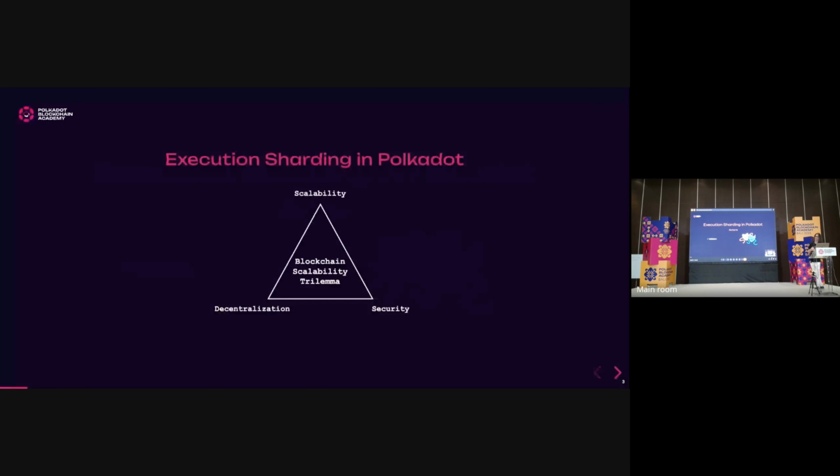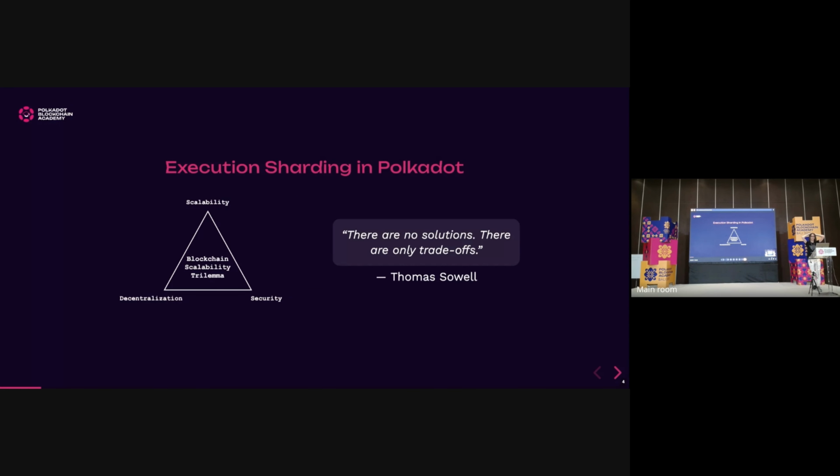First, let's outline why we even need to go through all of that trouble. Generally, sharding is our answer to scalability. I could say that sharding is solving scalability, but in truth, as many have said, there are no real solutions, only trade-offs.